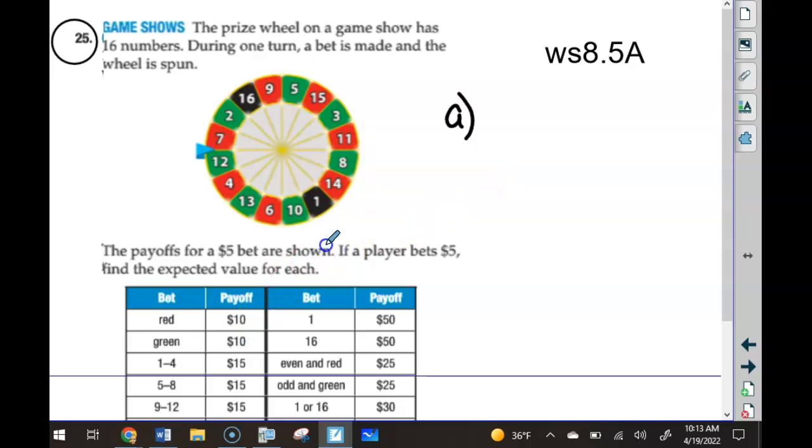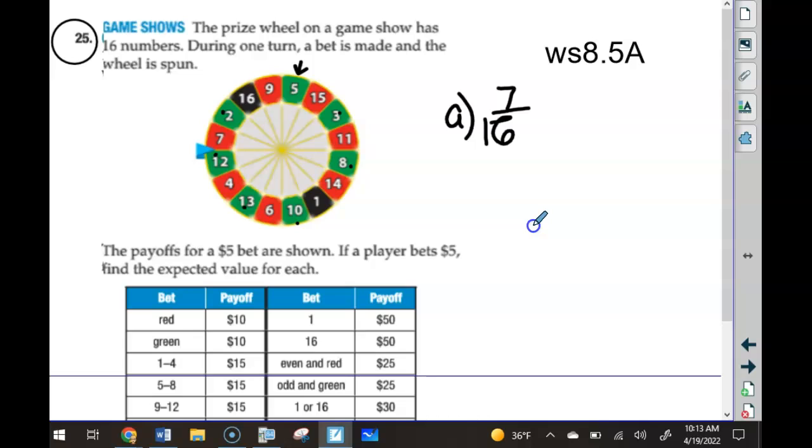So what is the chance that you get a green? Can anybody look up here and tell? No, because the color's so bad, but this is green, so all of them that look like that one. 1, 2, 3, 4, 5, 6, 7. And how many are on there? 16 numbers. So 7/16 that you win if you get a green.